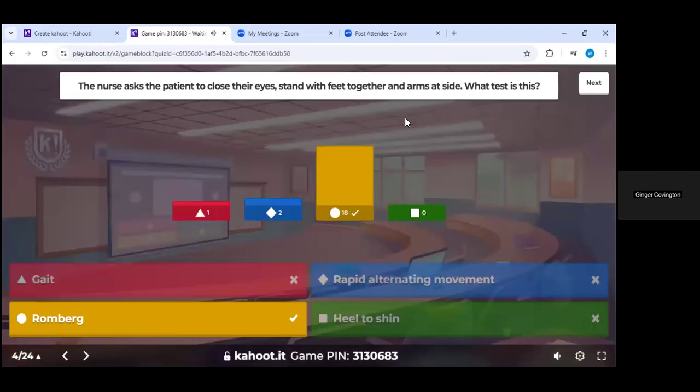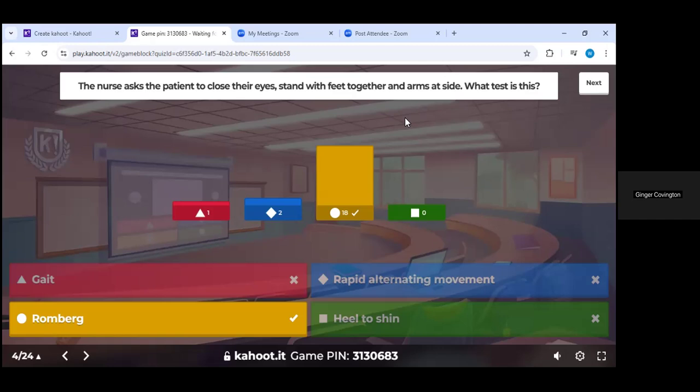Okay, so in the neuro chapter, there were also other diagnostic tests for balance and cerebellar function that we went over, like how you'd actually assess those. So make sure that you know what you would be asking the patient to do. And then, with the Romberg, when would we know that that was a positive test?